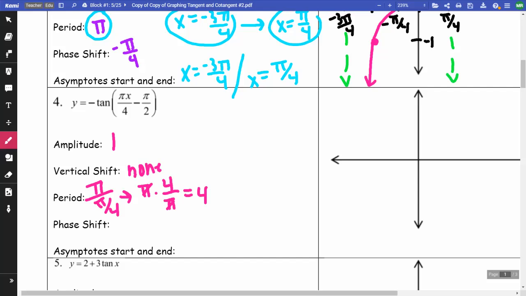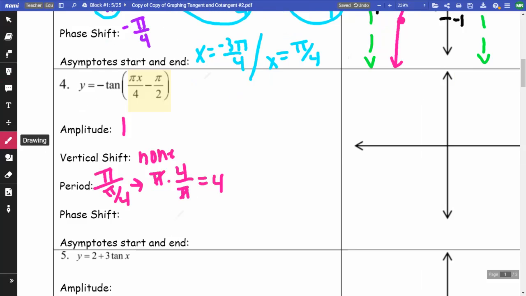So on this, with my phase shift, I'm going to basically set this to 0 and work that out.